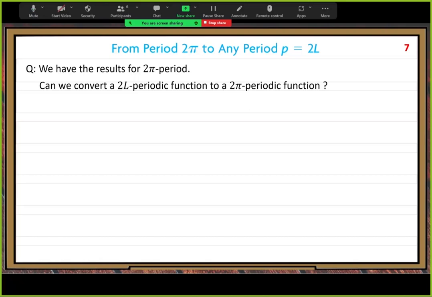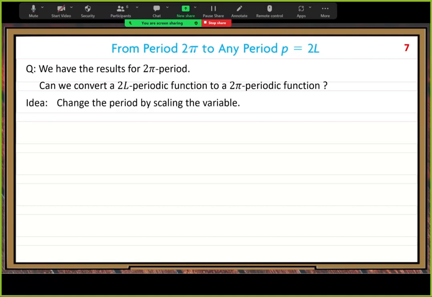So we just make some connection. Can we convert a 2L periodic function to a 2 pi periodic function? They should be correlated. If we can find the correlation between these two cases, then we can use the existing formulas.